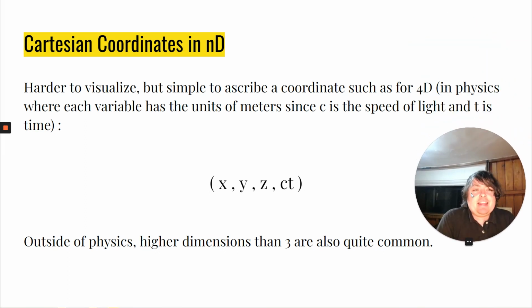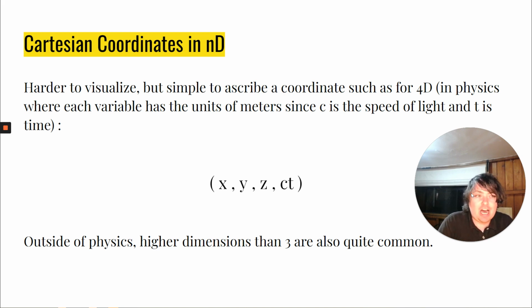Okay, and then if you have nD, n being an integer number of variables, dimensions. This is much harder to visualize since we only live in a three-dimensional world. Well, more or less, but it's very simple to ascribe a coordinate system.